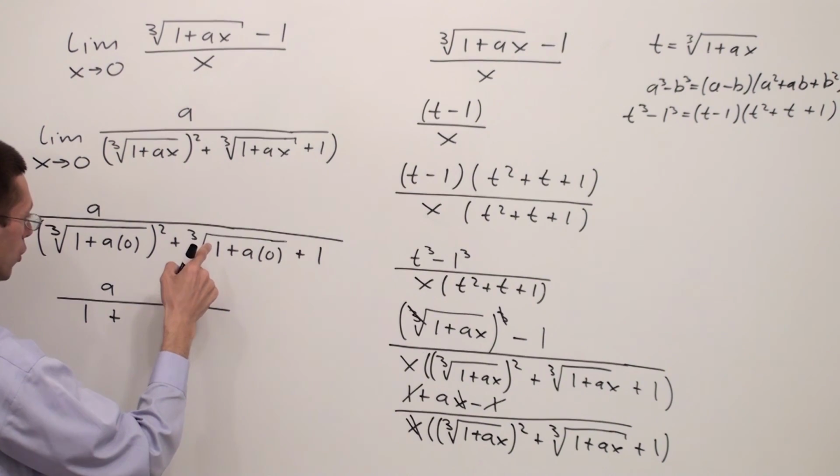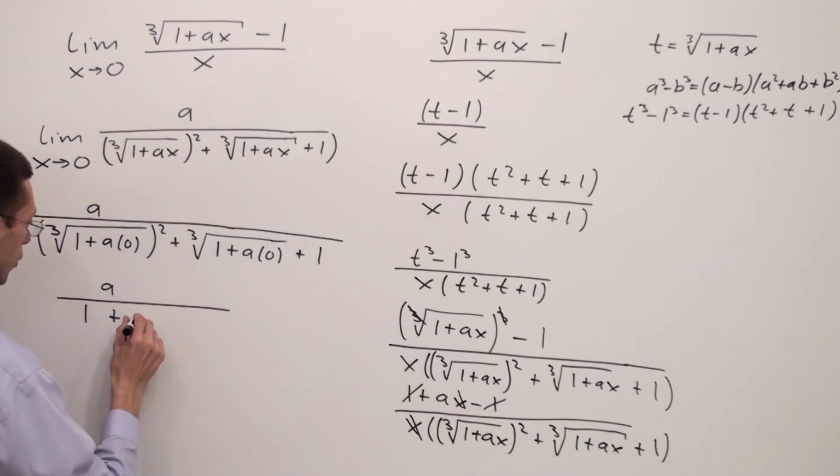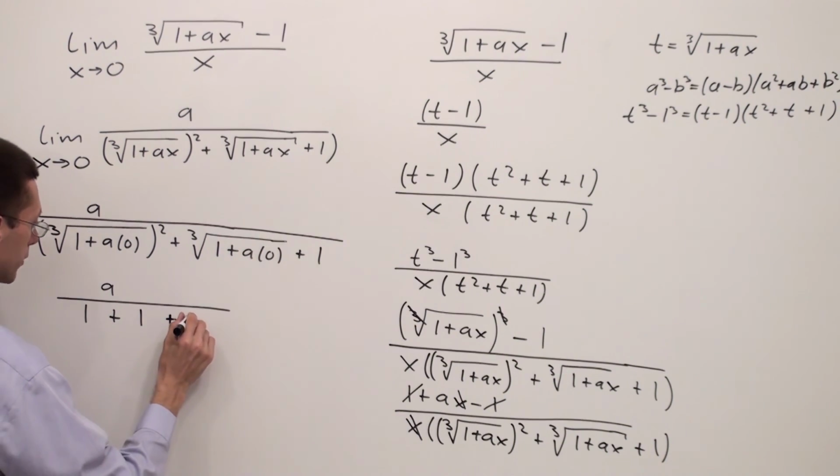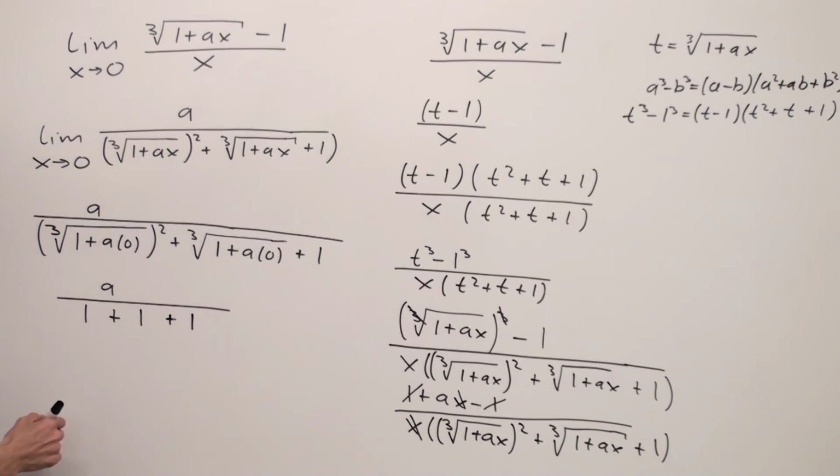Cube root of 1 is 1, plus 1. 1 plus 1 plus 1 is equal to 3. My answer is a over 3. And this is the final solution to my problem.